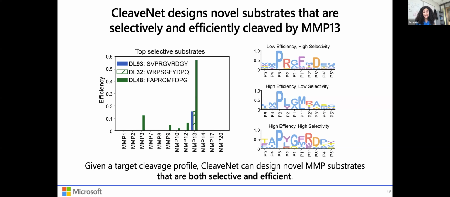And so in hand, together, this gave us a very strong validation that we could actually use this approach to design substrates in a targeted way that were not only selective, but also efficient for a target protease of interest.